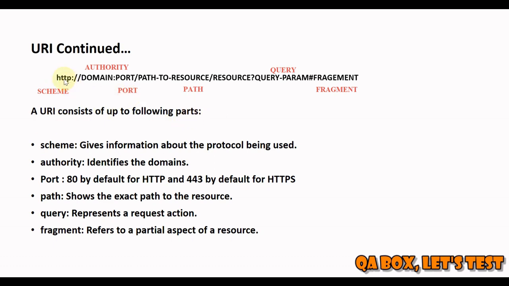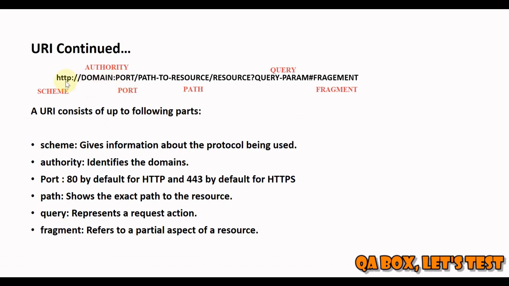So a URI consists of the following parts. If you could see, HTTP, it could also be HTTPS, we talked about it. That is called a scheme. That's a protocol. Then the next one is your authority. We also call that domain, we also call it host. Then port, we talked about it.